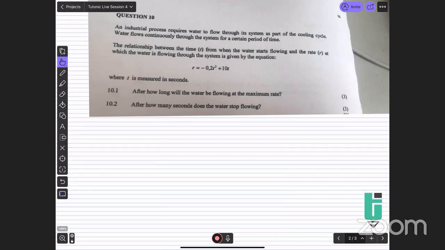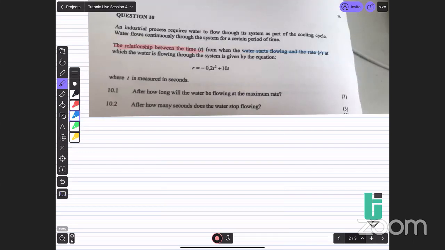Okay, so then, an industrial process requires water to flow through its system as part of the cooling cycle. Water flows continuously for a certain period of time. The relationship between time and the rate of flow. Remember, functions are just relationships.